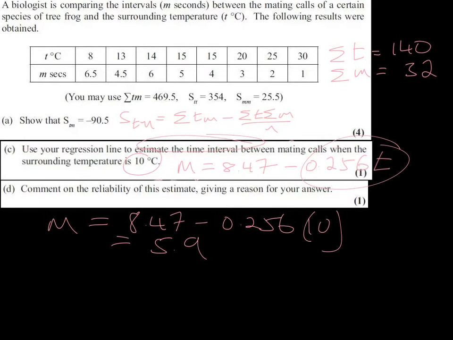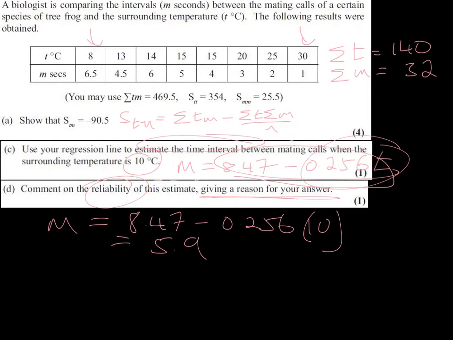And in part D, comment on the reliability of the estimate, giving a reason for your answer. Almost always, this is trying to establish whether or not you are using extrapolation to make predictions. So extrapolation is essentially where you use a regression equation here generated on a piece of data between 8 and 30 and use it to make predictions on values that fall outside of this data range.